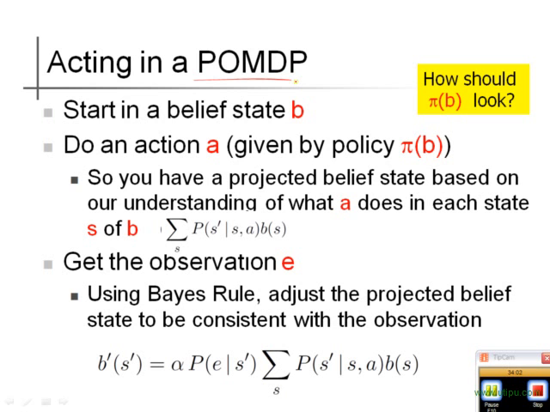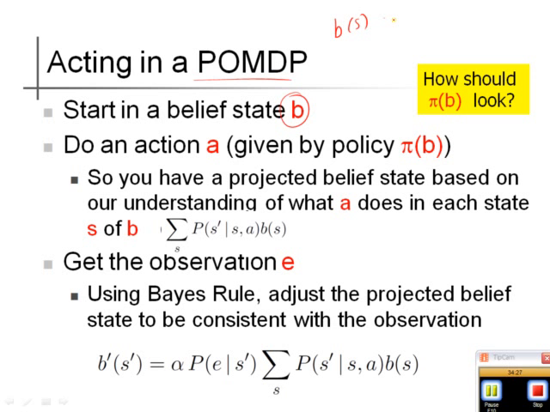So let's assume that you start in a belief state B. What is a belief state B? You assume that belief state B is such that it takes S and gives it a value, a probability. So B of S is the probability that the agent thinks it is in state S. So B is a distribution.